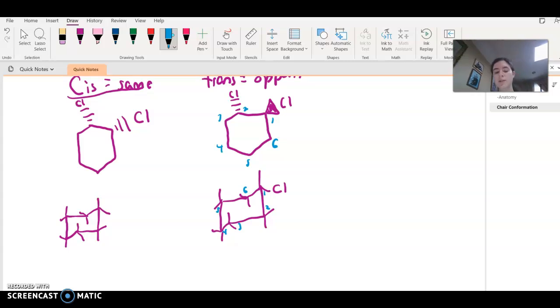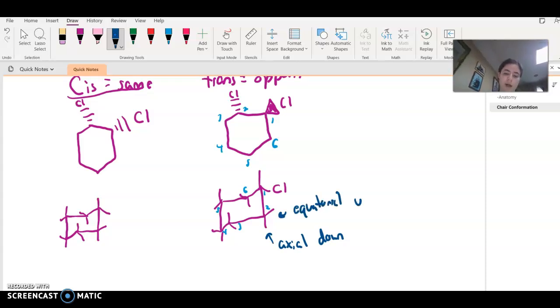Now these are trans, so do you think it will go up or down? That's right, it will go up. So that means that which one of these lines is facing up or facing down? This one is axial down, and this one is equatorial up.